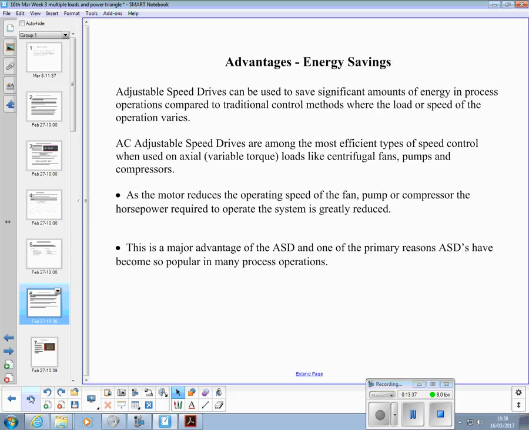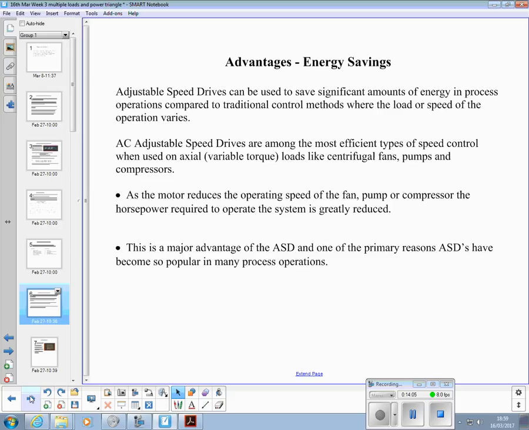So, energy savings can be significant in process operations compared to traditional control because of drawing less power if you reduce the speed. Among the most efficient types of speed control, they're used on variable torque loads like centrifugal fans, pumps, and compressors.